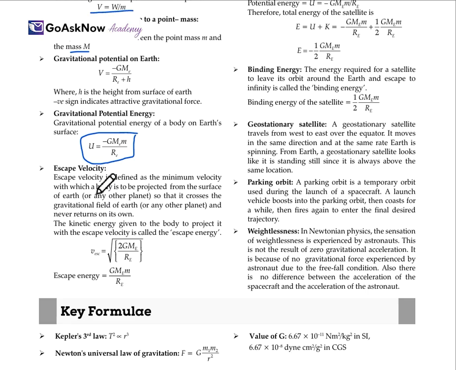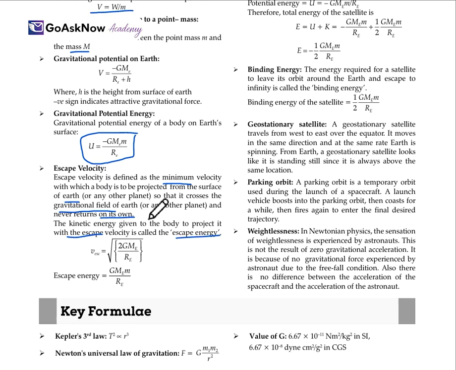Escape velocity. Escape velocity is defined as the minimum velocity with which a body is to be projected from the surface of the Earth or any other planet so that it crosses the gravitational field of the Earth or planet and never returns on its own. The kinetic energy given to the body to project it with the escape velocity is called escape energy.